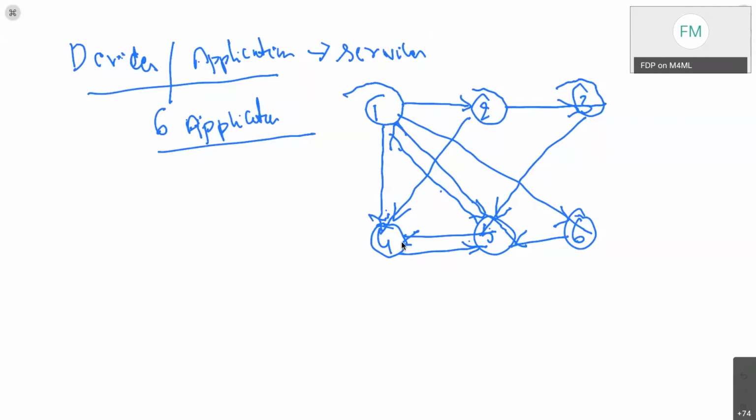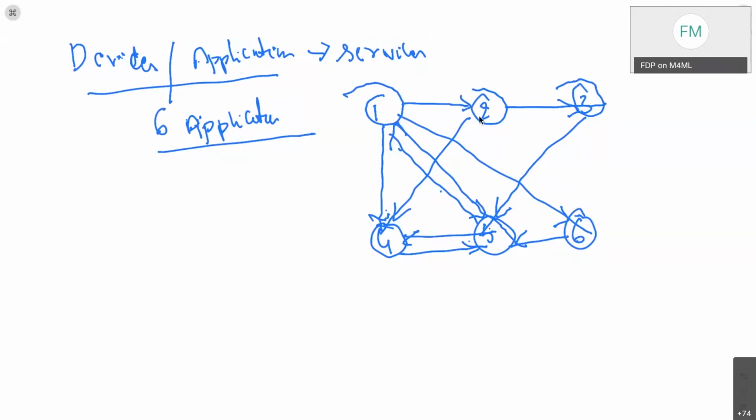In this case, we generate a link vector such that 1 has a link with 4, 5, 6, and also 2. It means 1 has a link with 2, 4, 5, and 6.